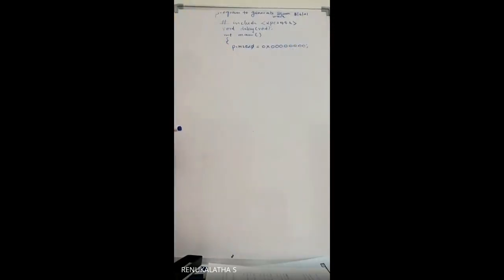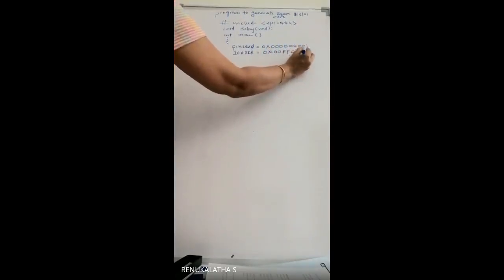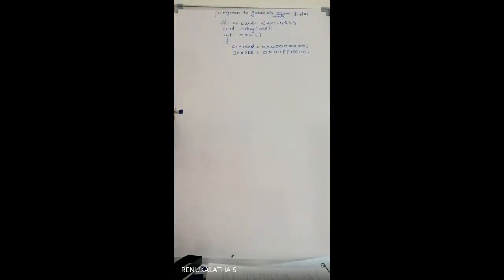And then what? IO0DIR should be equal to 0x00FF0000. Okay, and then enter the loop.